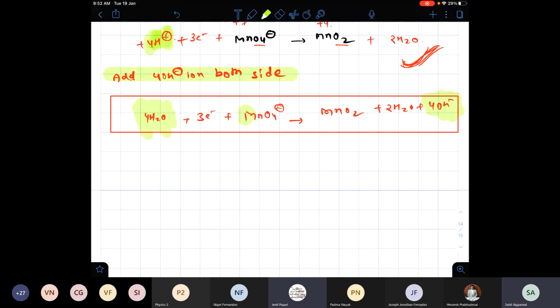Aditya, we have not added the other equation till now.